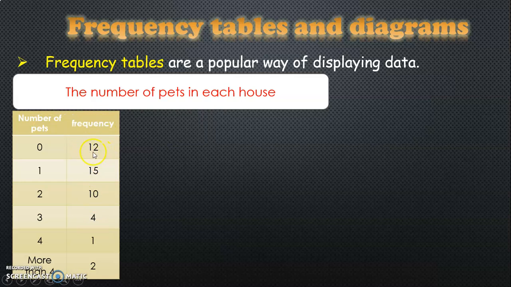It means 12 houses have 0 pets. 15 houses have 1 pet only. 10 houses have 2 pets. So this is how we read frequency tables.